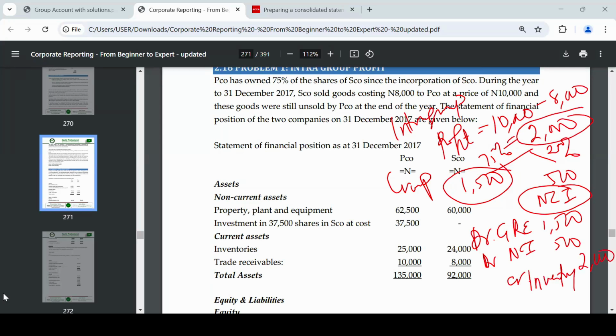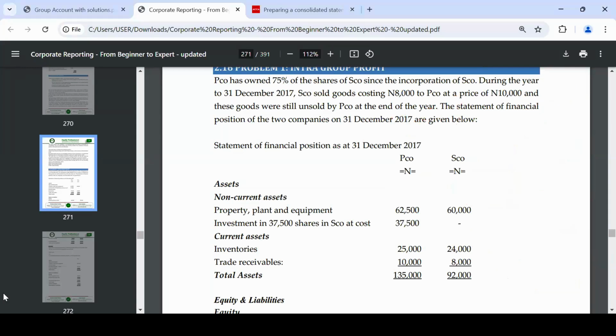We'll reduce inventory by crediting inventory 2,000 naira. See, that's what we're going to do. So when I'm treating the consolidated retained earnings, we are going to see this 1,500 show.